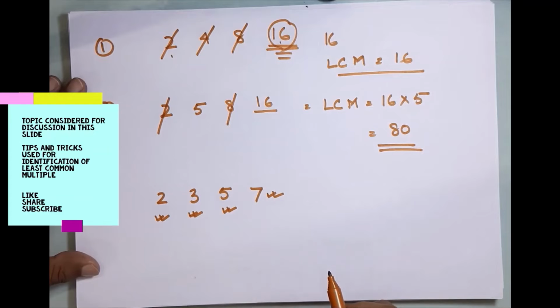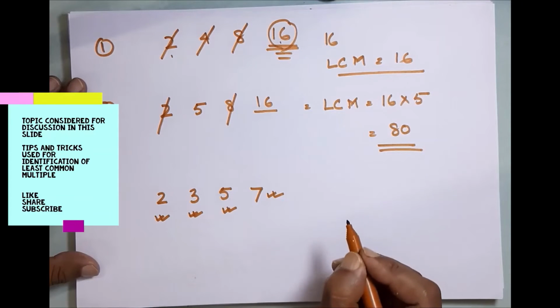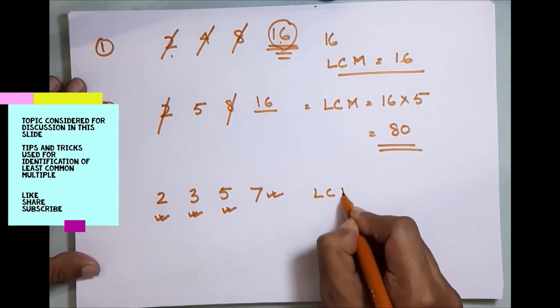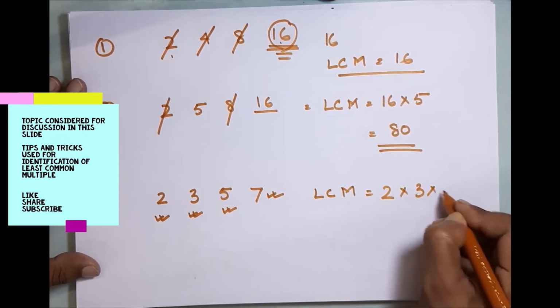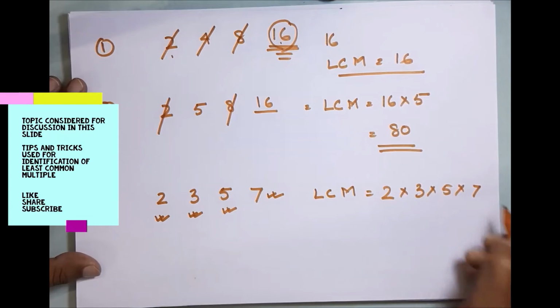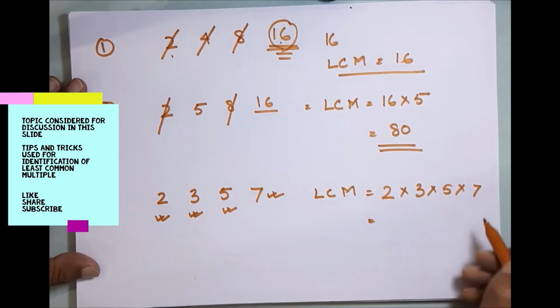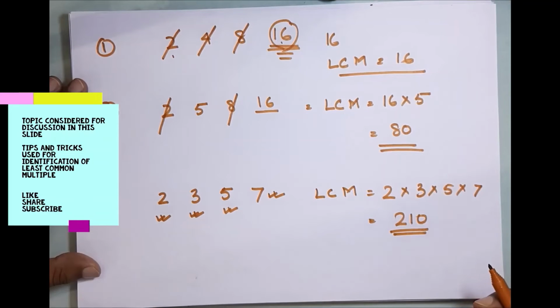So the trick to identify LCM for prime numbers is to simply multiply them. So the LCM of 2, 3, 5, 7 will be 2 multiplied by 3 multiplied by 5 multiplied by 7, and the answer will be 210. 210 will be the LCM.